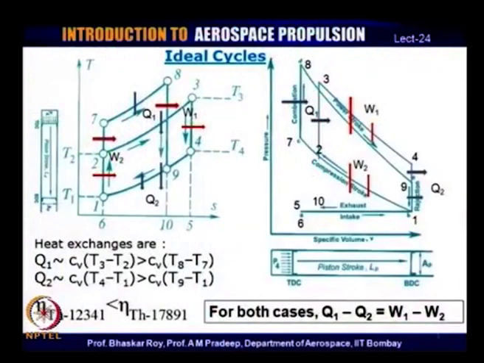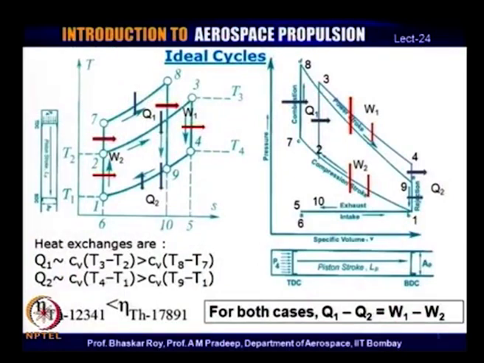These are the small aircraft which are flown by small engines, and we shall have a look at some of these engines today, and how these engines are actually created and put together to fly aircraft. We started with talking about cycles.